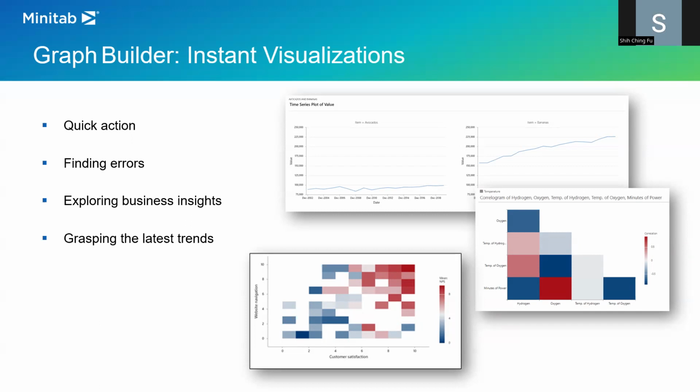If you see correlations, that's very useful for business to identify insight. With a time series plot, you can easily capture business trends so you can take action early. These are the benefits of graphical analysis. Normally it's the first stage when you have data in front of you.